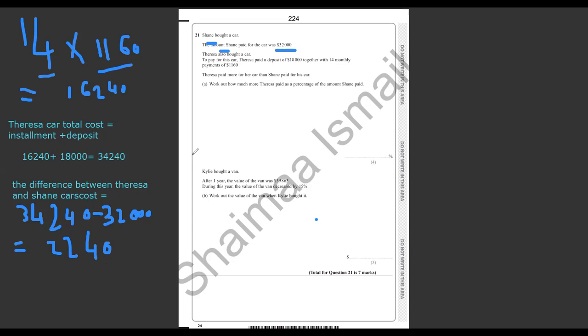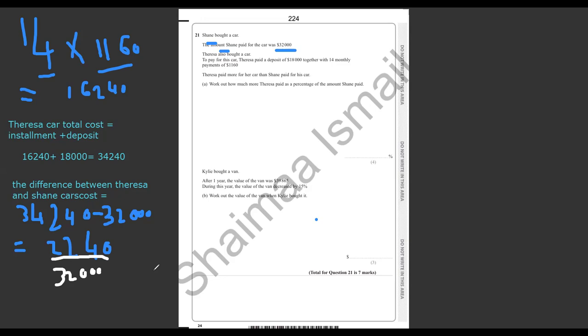So we have to go back to chain. Okay, so back to chain here. And we say this. So we take the difference here and divide it by chain, which is 32,000. And he needed it as a percent.